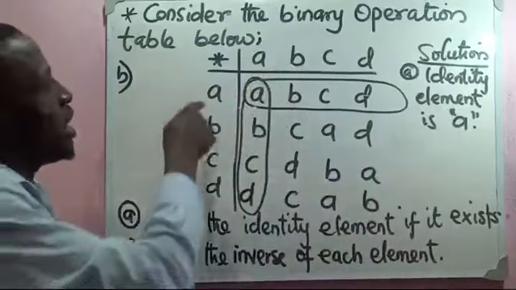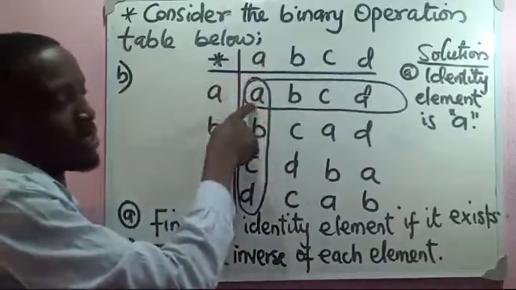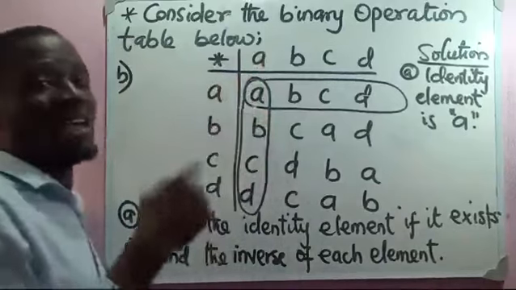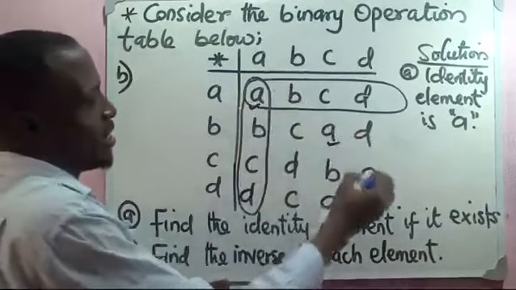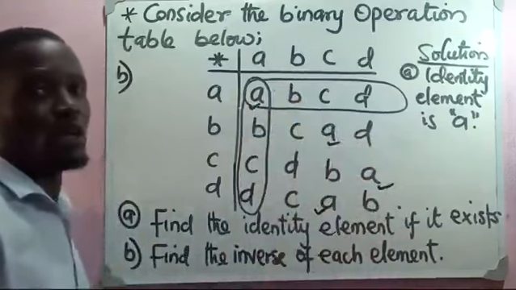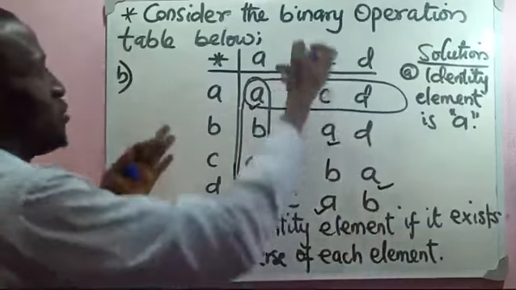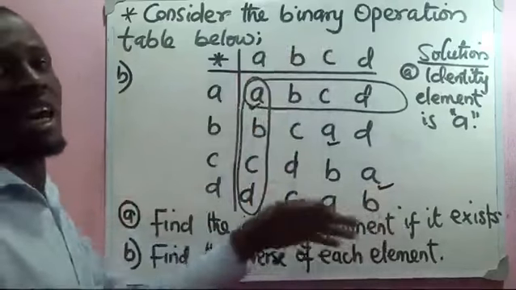Look at it now. A operation A gave us this identity element. So you tick anywhere A is in your residue. A is here, A is here, A is here, A is here.